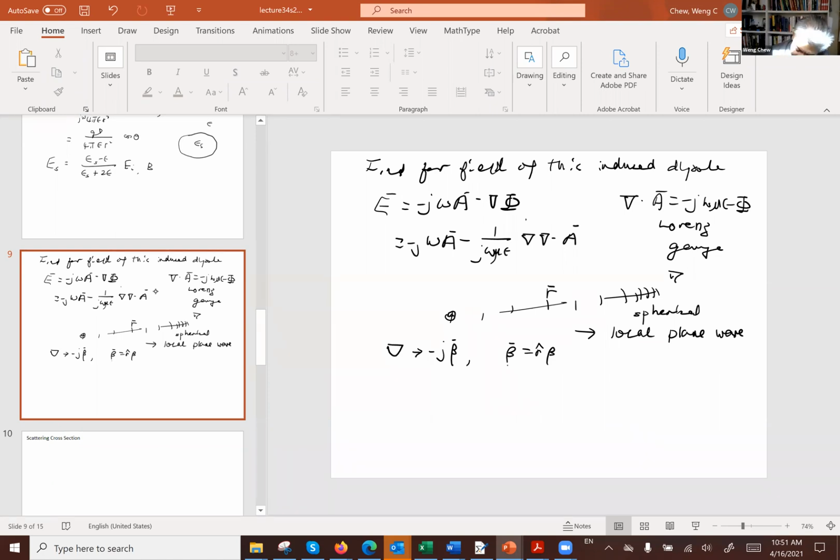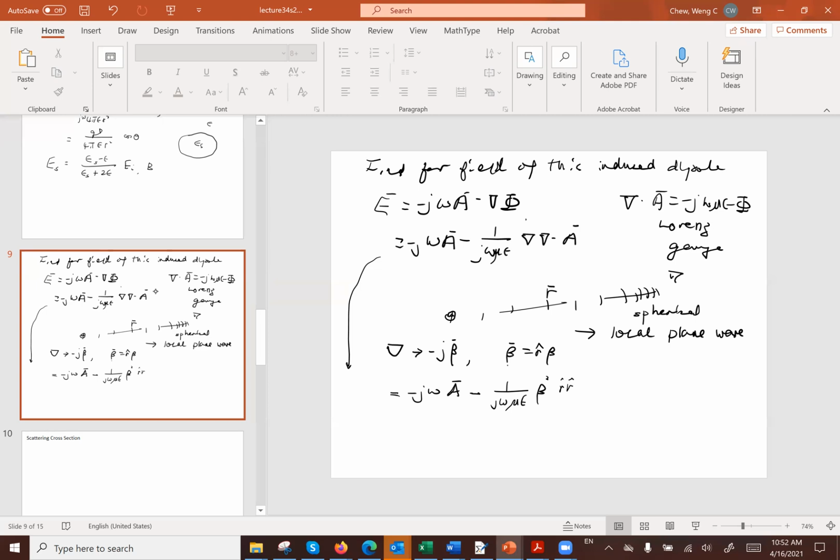If you do that approximation to this expression, you will get that this is equal to minus j omega A. And then if you put in the double del operator, you get the minus sign, and then you would have j omega mu epsilon beta square r hat dot A. Okay, I will have something that looks like that.